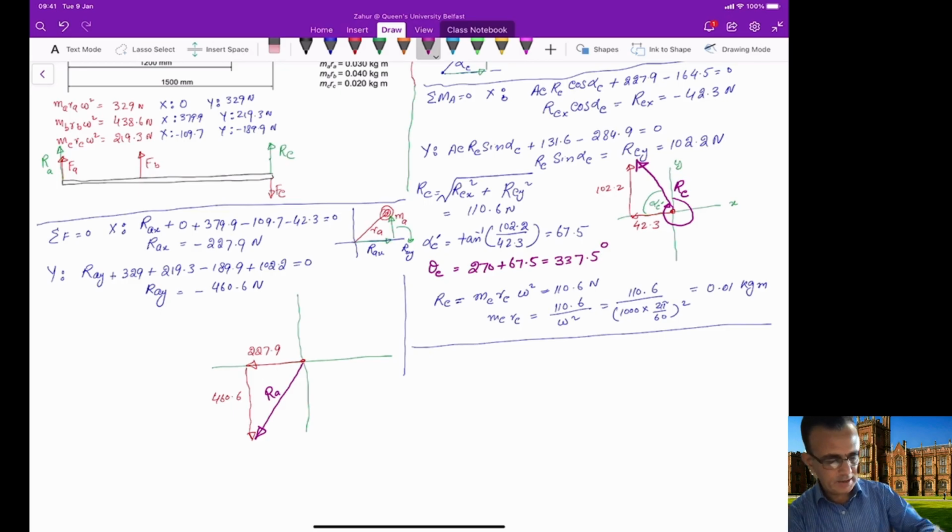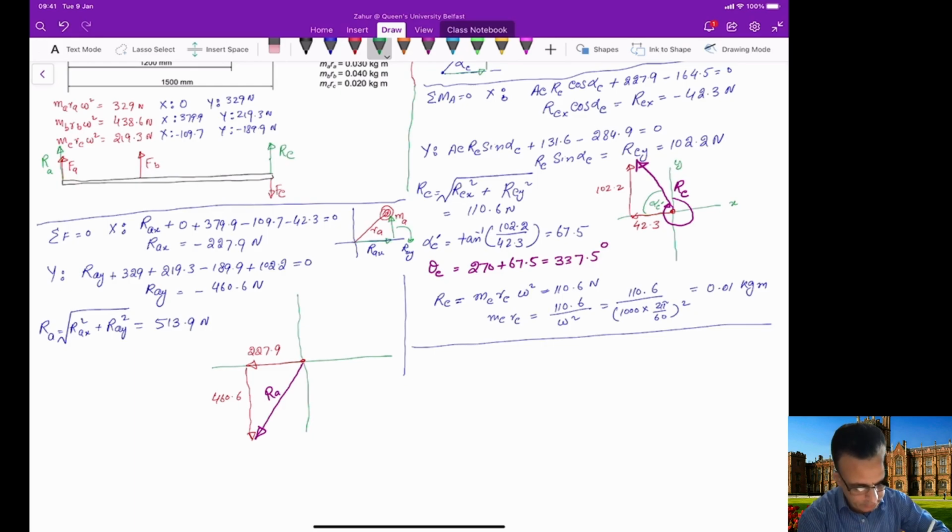So RA is in the third quadrant now, and we can calculate RA, which is simply the square root of RAX squared plus RAY squared. So this will be a value of 513.9 Newton. And we can calculate this angle here.